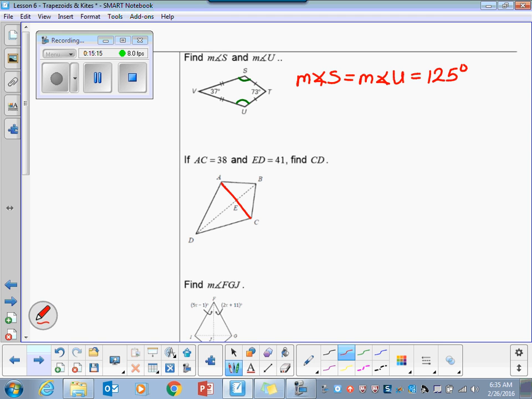So 38 divided by 2 is 19. And then we are told ED is 41. Diagonals in a kite, from our earlier theorem, are perpendicular. So this DC is my hypotenuse, and this is Pythagorean theorem. Right? C squared equals 41 squared plus 19 squared.